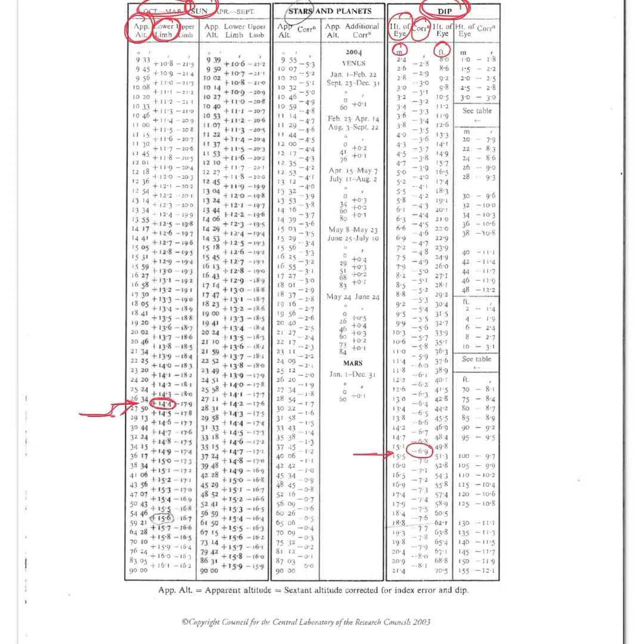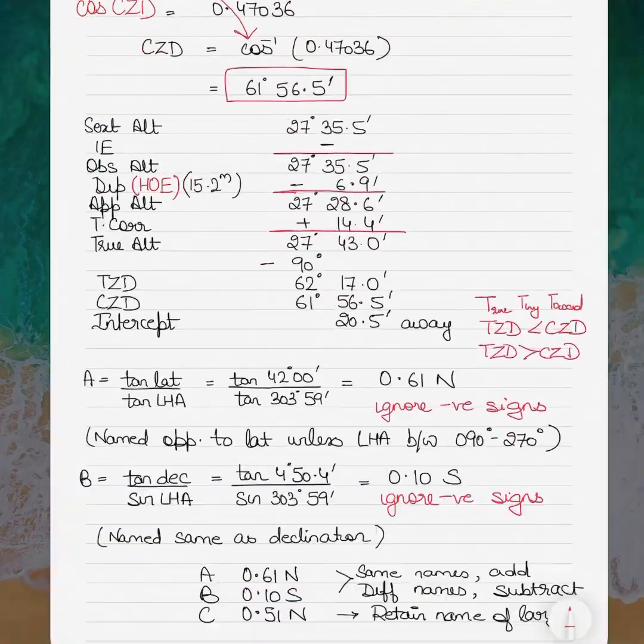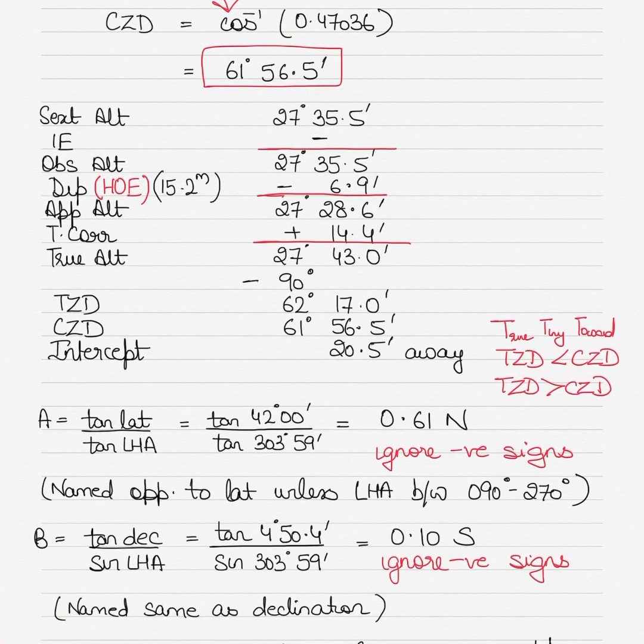So the correction is plus 14.4. No interpolation required. So straight away take this value, put it here as 14.4, and remember all these corrections are in the minutes side, so don't add it onto the degrees side. So when we add the minutes, you get 27 43 as true altitude.